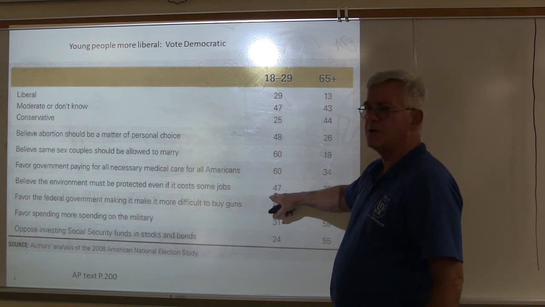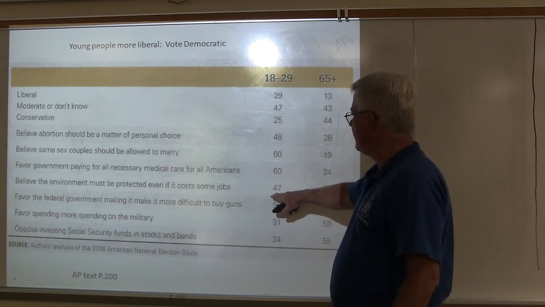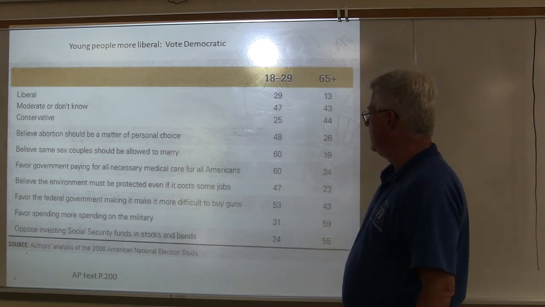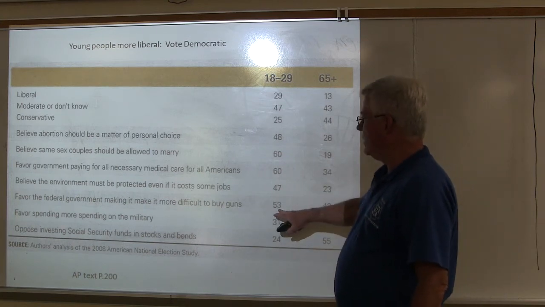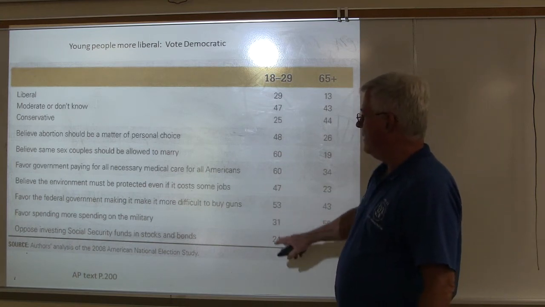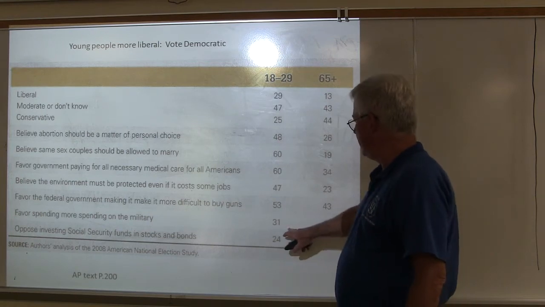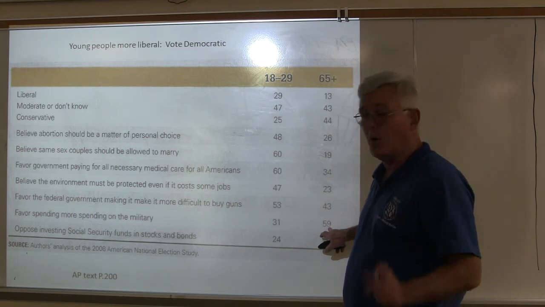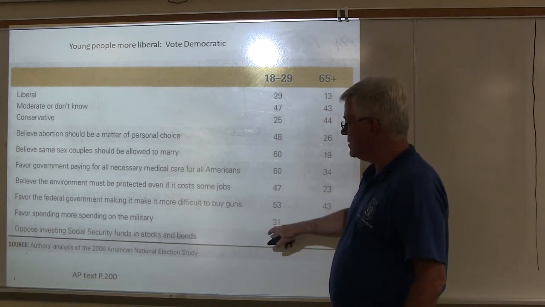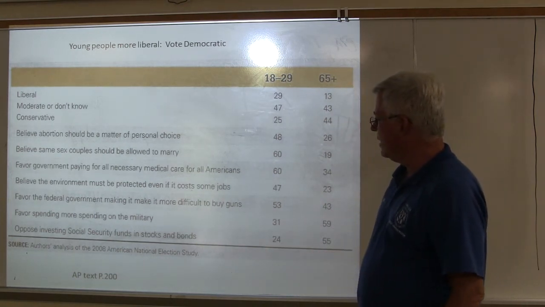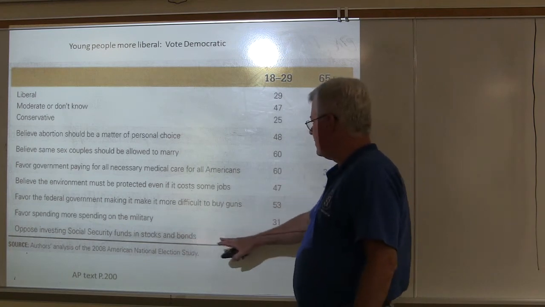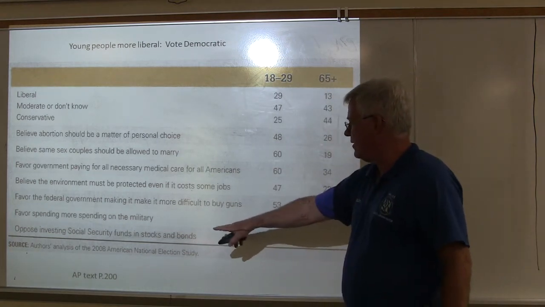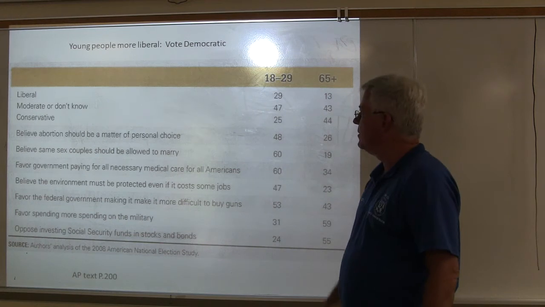These things all make sense, right? The young people are more engaged in this stuff. Environmental protection, gun control even, interesting. Spending money on the military, old people want it more because they don't die when there's a war. Who dies when there's a war? These guys die. Oppose investing in Social Security. That's a conservative idea, and young people are not for it.